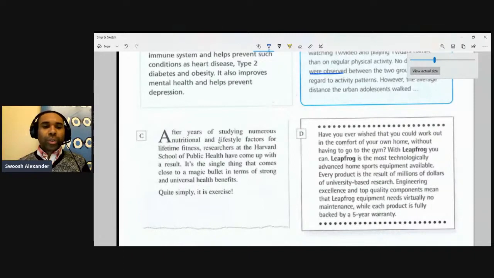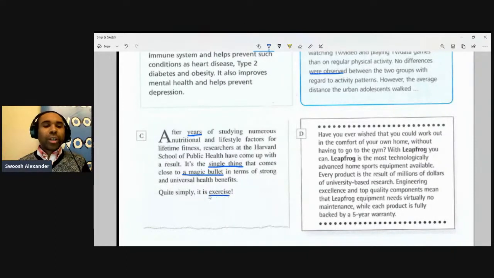Okay, so the style here is much more informal, isn't it? So after years of studying, it's quite imprecise, it's not specific, we don't know how many years. The single thing, so the use of thing, that expression is quite informal. A magic bullet, again, it's pretty informal, isn't it? Quite simply, it is exercise.